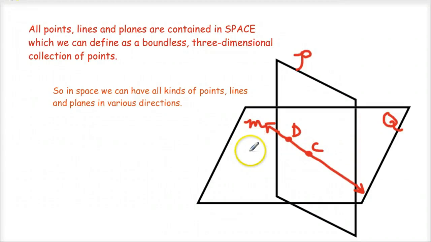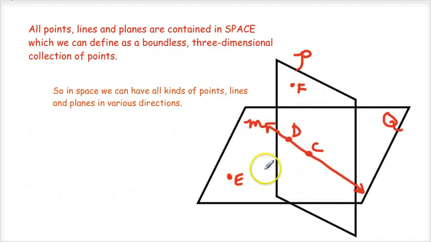So when we're dealing with all of this, we're going to be looking at different things that are collinear, so D and C are on the same line, and coplanar, they're both on the same plane, P. And then there can be some points that are not coplanar. So maybe I have a point down here on plane Q, let's call that point E, and then on plane P, I have F, and so these 2 points are on 2 different planes, so I wouldn't consider them coplanar.